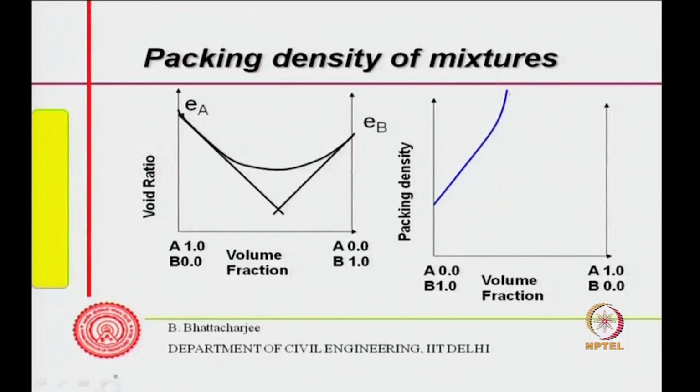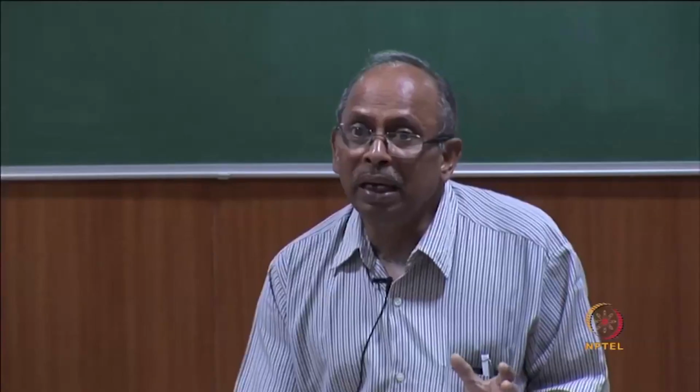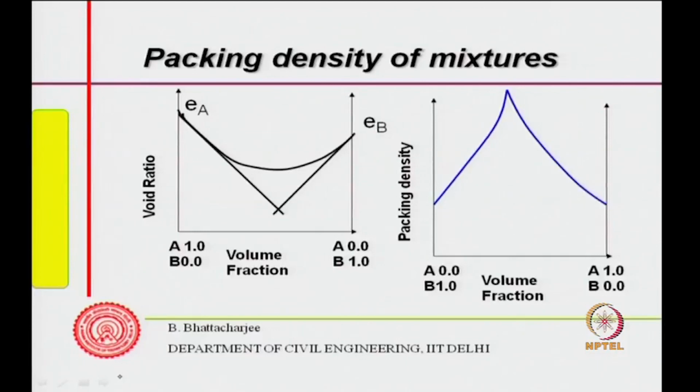This should increase correspondingly depending upon the fractions of a particular aggregate as we vary from pure A to pure B. So, first you have pure A on the left hand side, then you add some amount of B. Therefore, the combination of A and B volume fraction would change: when A is 100%, B is 0, and when B is 100%, A is 0, and as we have discussed earlier, packing density becomes maximum somewhere in between where void ratio is minimum.